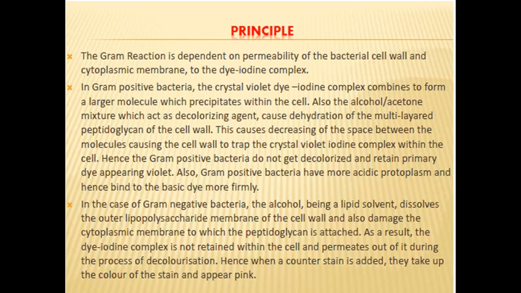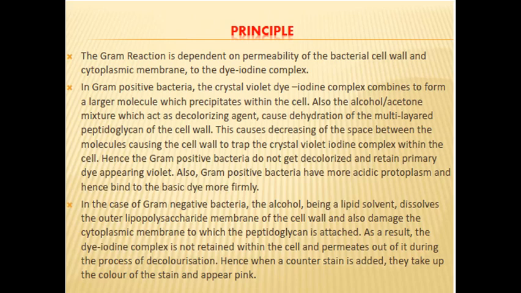After washing with alcohol, we again add the secondary stain, that is safranin. And when we add the safranin, that safranin molecule is unable to penetrate inside the cell wall. Why?